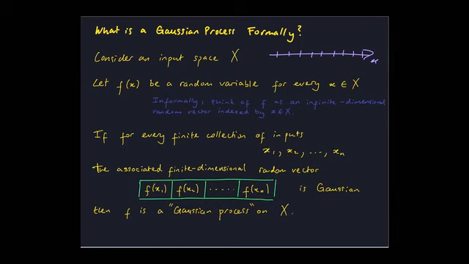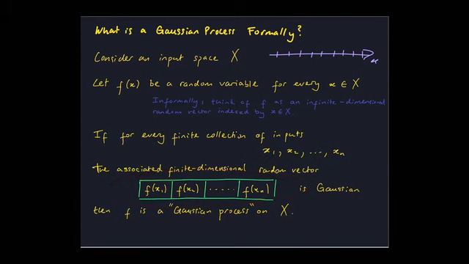Because it's difficult to think about infinite dimensional objects, we say that if we choose a finite number of input points and inspect what the random object f looks like on any collection of inputs x1 to xn, where n is finite, we can consider that to be a random vector.